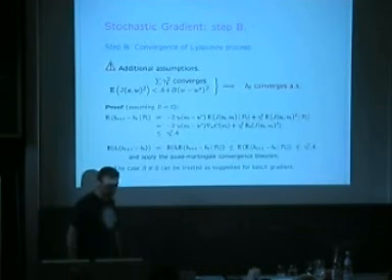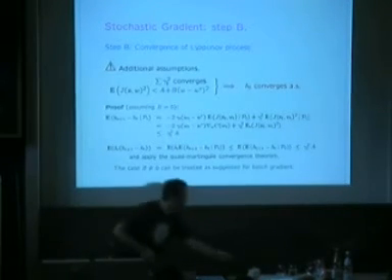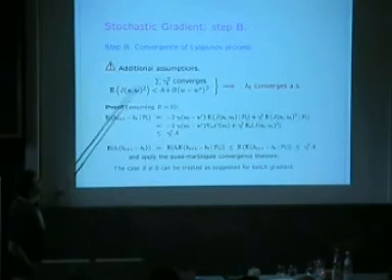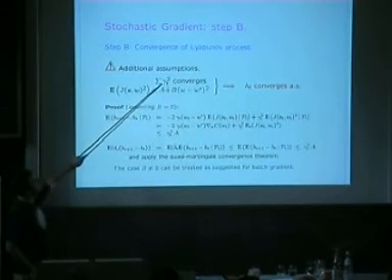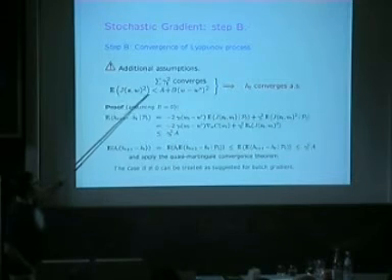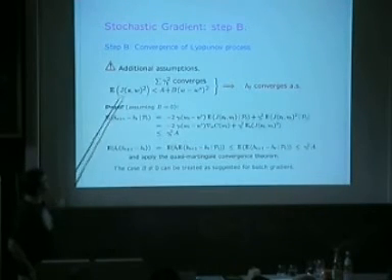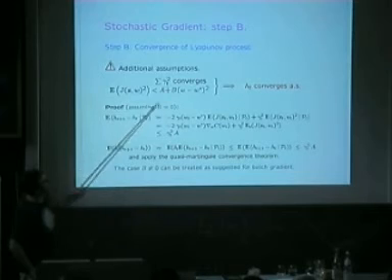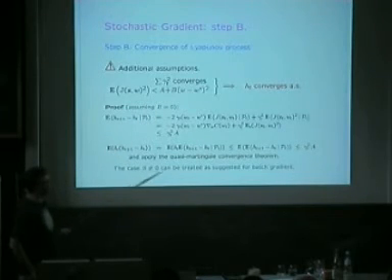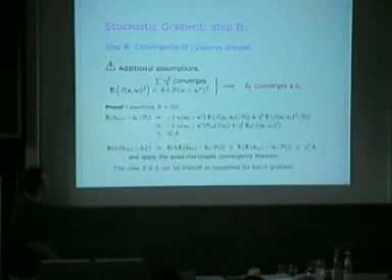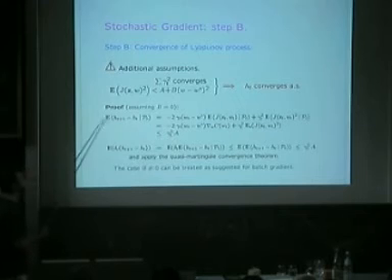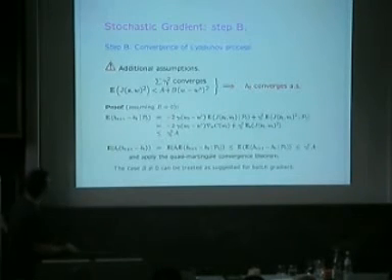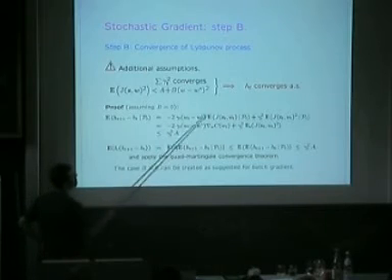So let's go with step B. I'm going to make the same assumptions. Sum of gamma t squared converges, and these boundedness assumptions on the gradients. And I'm also going to assume b equals 0, and the case being different than 0 can be dealt with by a trick. So I write it, expectation of ht plus 1 minus ht given the past is this.